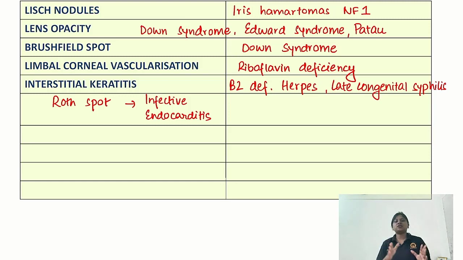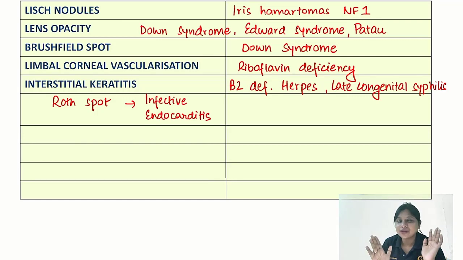Since I used the term late congenital syphilis, let me tell you, we have the Hutchinson's triad for late congenital syphilis. What is the Hutchinson's triad? That includes interstitial keratitis, Hutchinson's tooth, and number 3 is eighth nerve deafness.